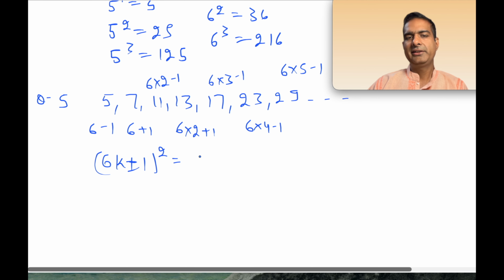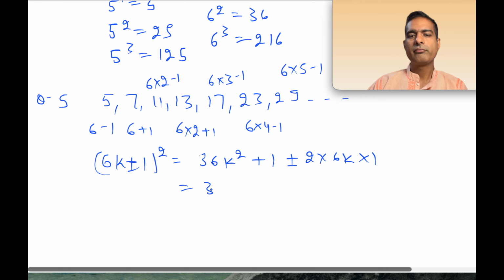So we can write a square, that is 36k square, plus b square, that is 1, and plus minus 2ab, which is 12k. So 36k square and plus minus 12k, plus 1.